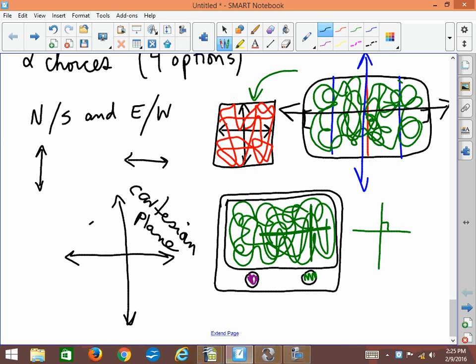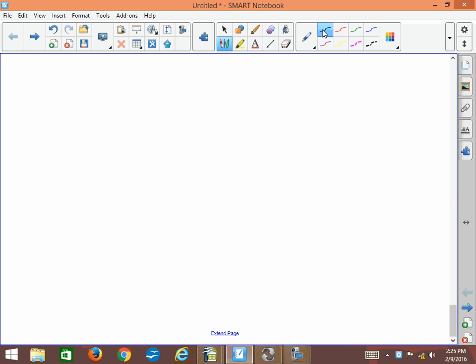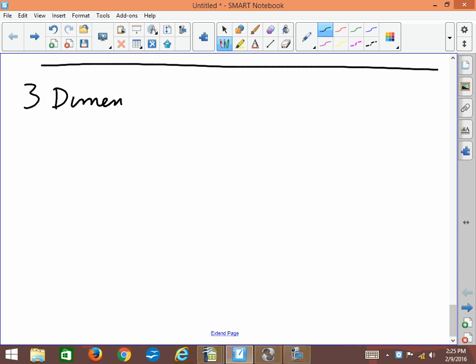Okay? All right, the next one would be the 3D reference frame. How would that work? Well, let's draw a line here, and let's talk about a three-dimensional reference frame. You're kind of getting the idea. You're just kind of adding lines together, right? So three-dimensional, there would be three choices to make.